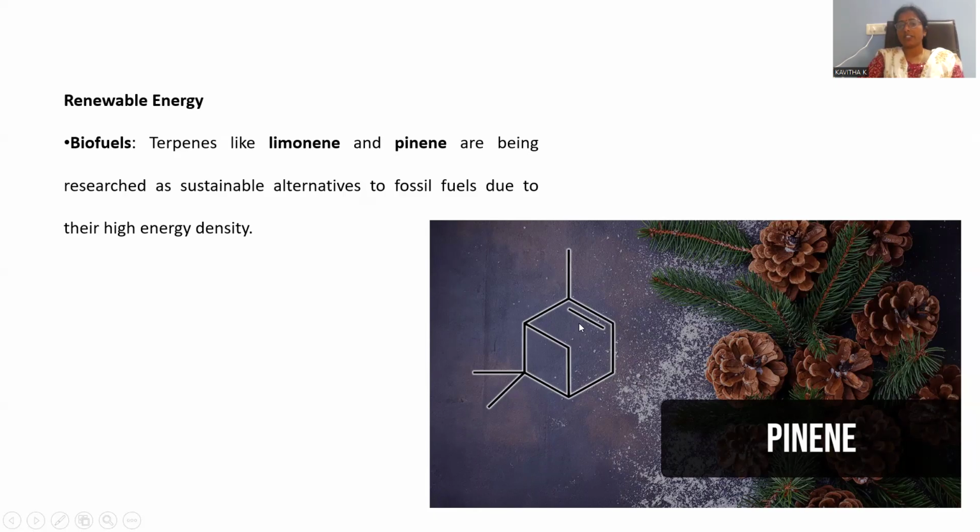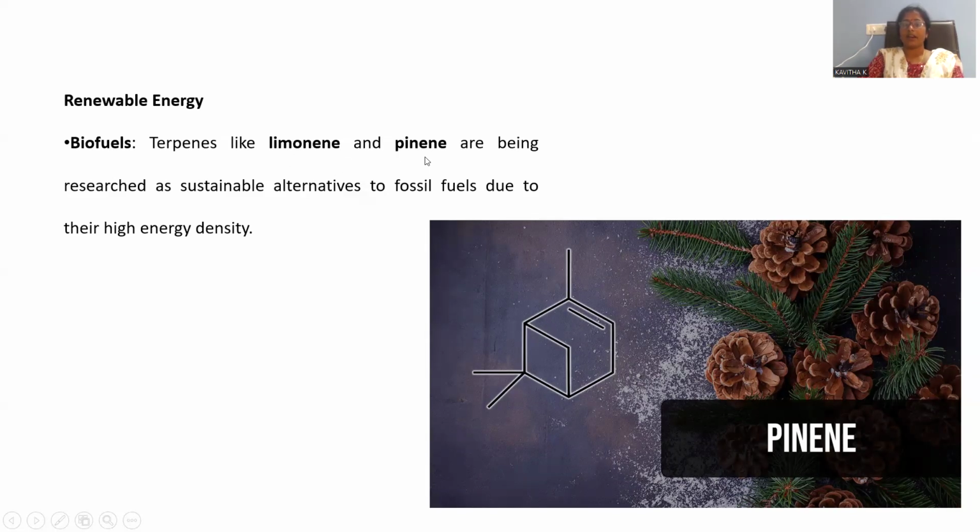This pinene skeleton is extracted from pine trees, from alpine forests and mountain regions, wherever coniferous plantations are present. This pinene is also part of biofuel.